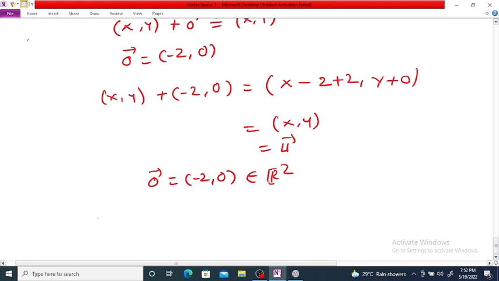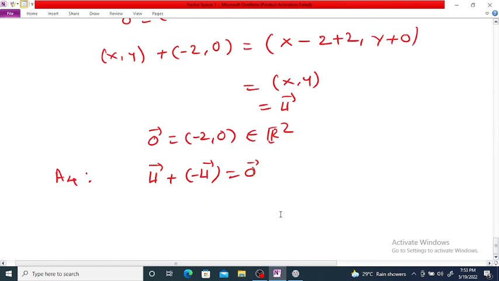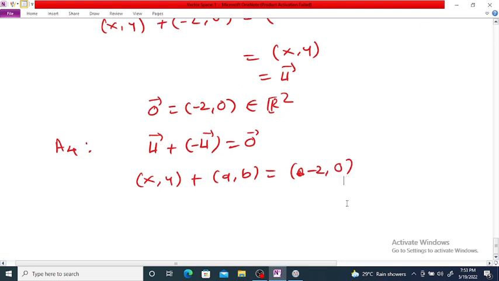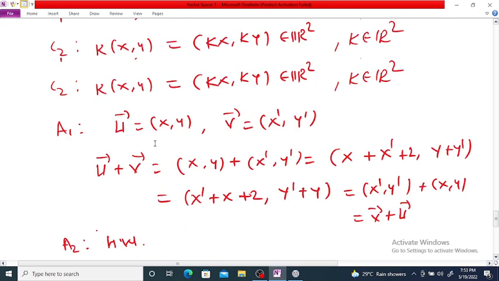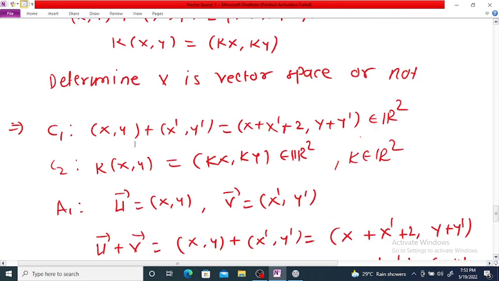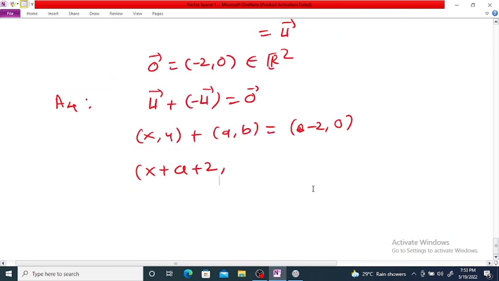Now for A4, we want u bar plus minus u bar to be equal to 0 bar. Here u bar is xy, and minus u bar is ab, which is equal to minus 2, 0. If we simplify this, the operation given is xy plus x dash y dash is x plus x dash plus 2, y plus y dash.